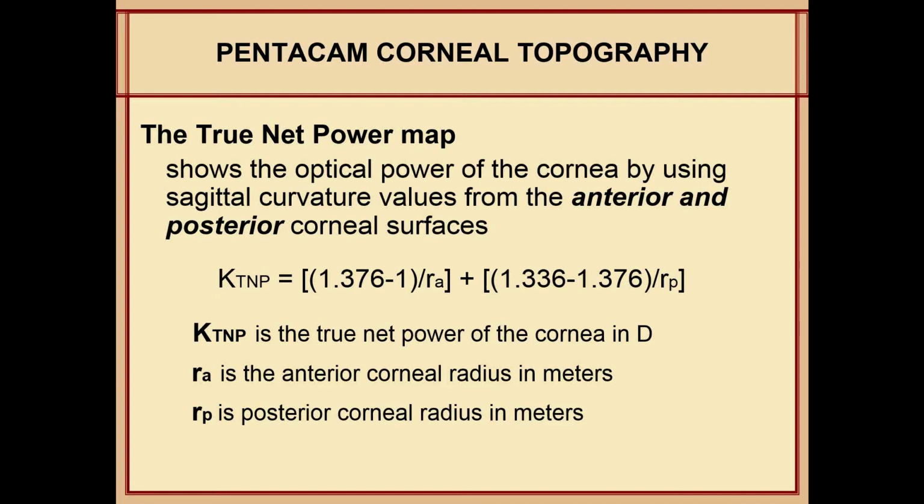And on this side is 1.336, which is the index of refraction of the aqueous, minus 1.376 for the cornea, divided by the radius of curvature of the posterior part of the cornea. And that gives you the total net power of the cornea.